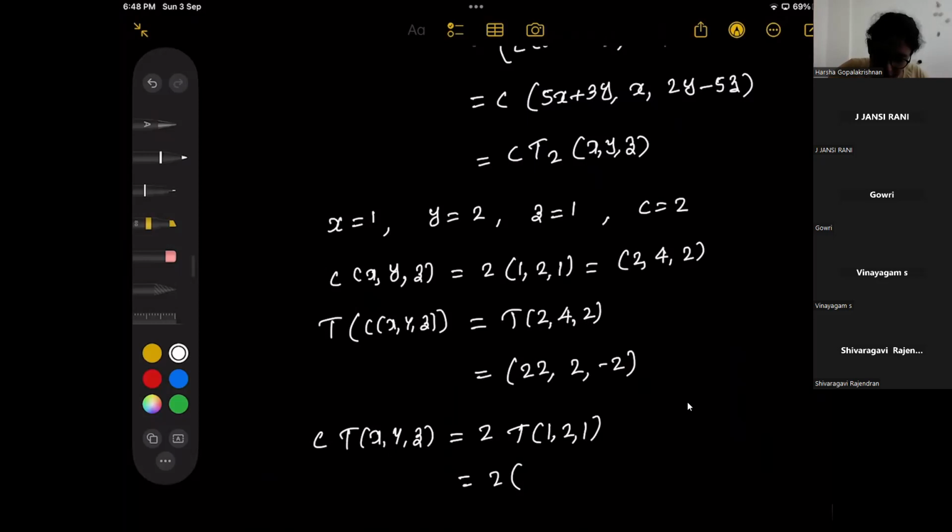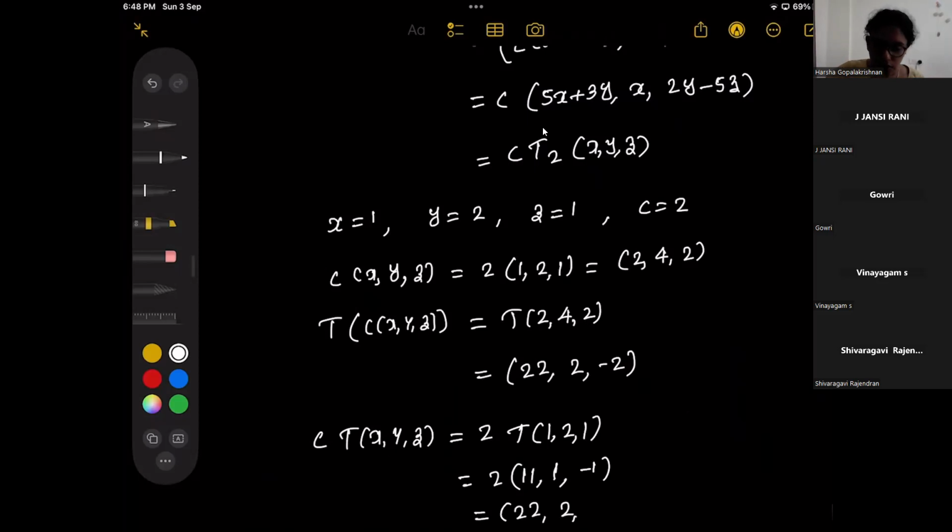So 5x plus 3y is 11. Yes, it will satisfy actually, like we proved it in general. The second term is x, and the third term is 2y minus 5z: 4 minus 5, which is minus 1. So this is also 22, 2, minus 2.